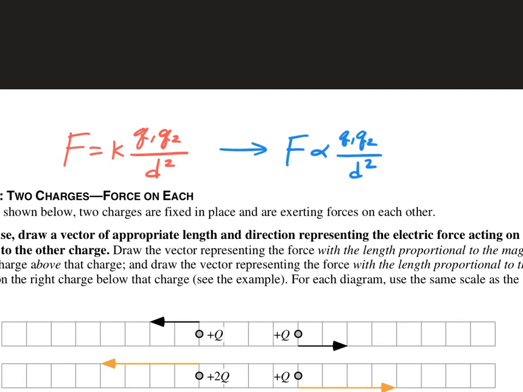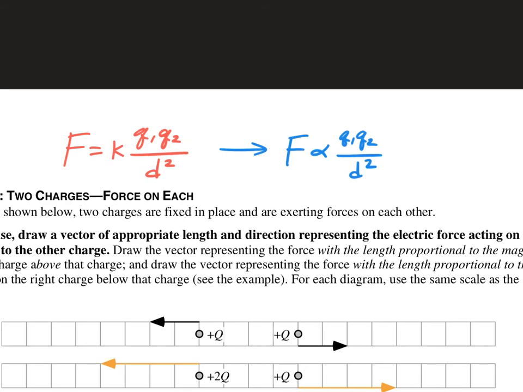That's the key idea, because ultimately the size of your force vector arrow is going to be contingent on the magnitude of the charge product and the separation distance squared. So we have to establish our baseline for what one charge unit and one distance unit is. So basically 4 squares is our 1, distance separation of 1. Okay? That's basically what we're defining here.